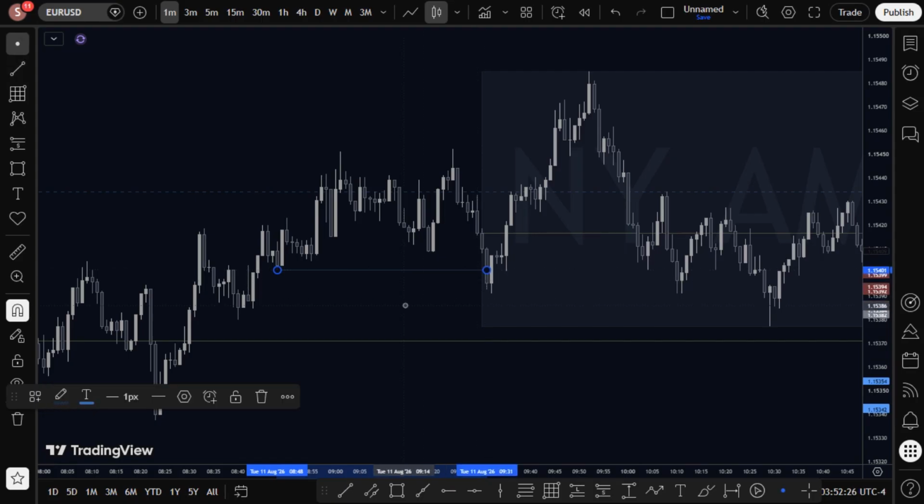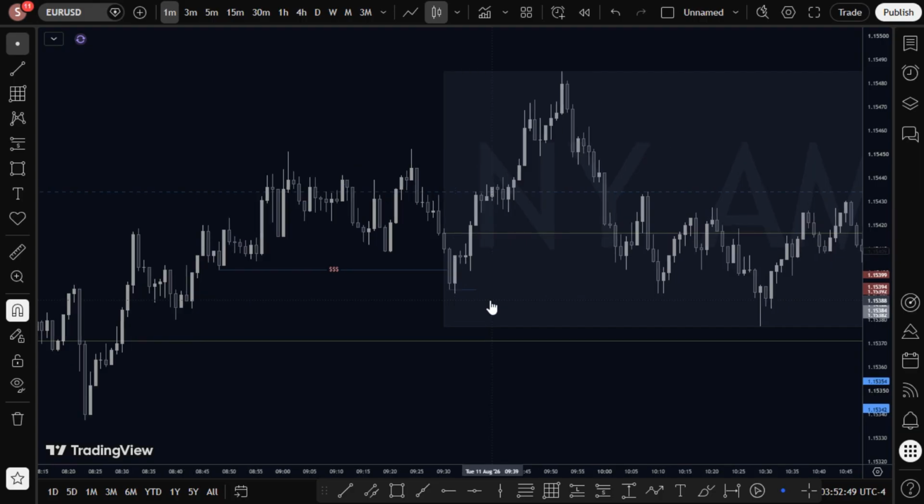Price swept liquidity and rested into this order block, and then gave you a swing formation. So that is condition number one.